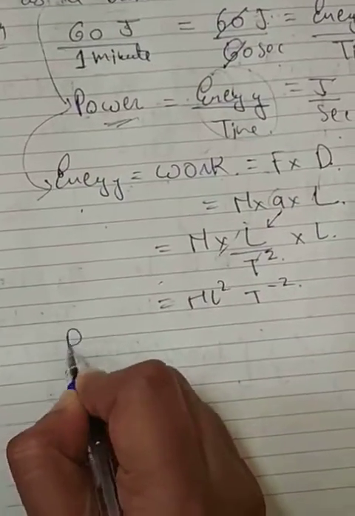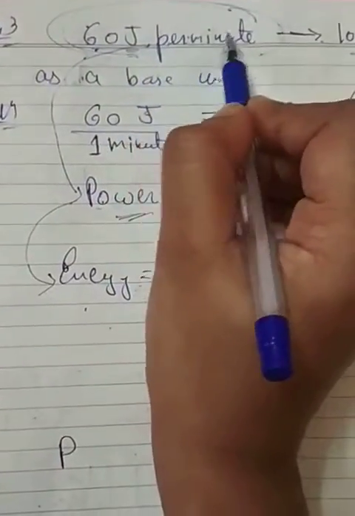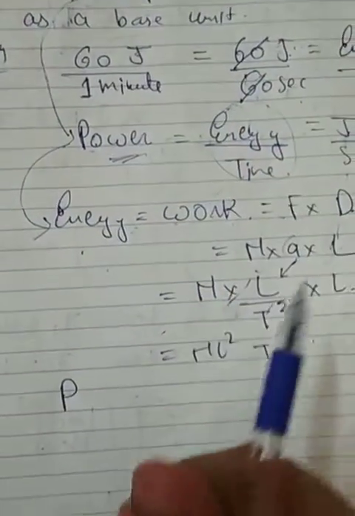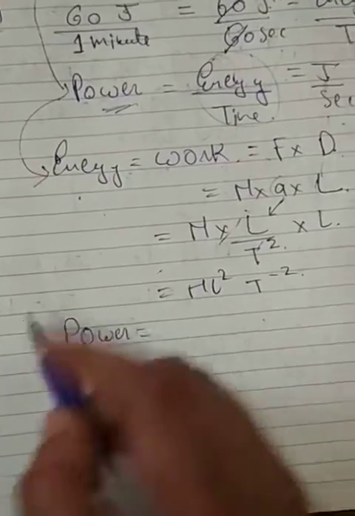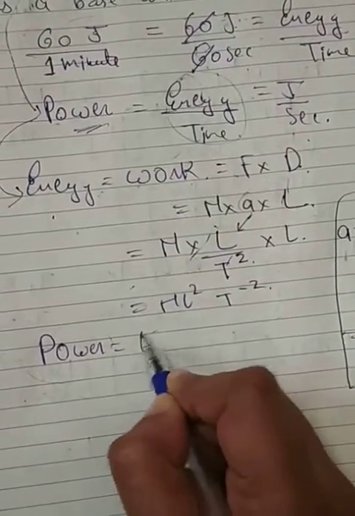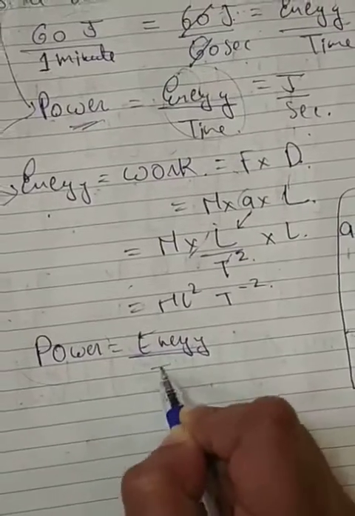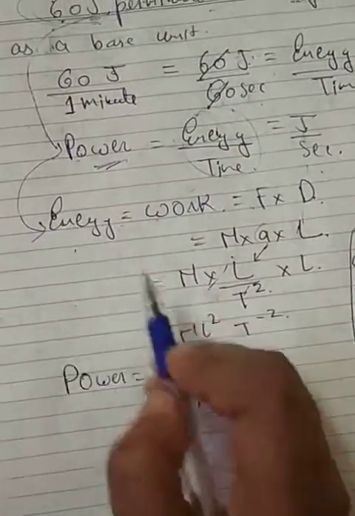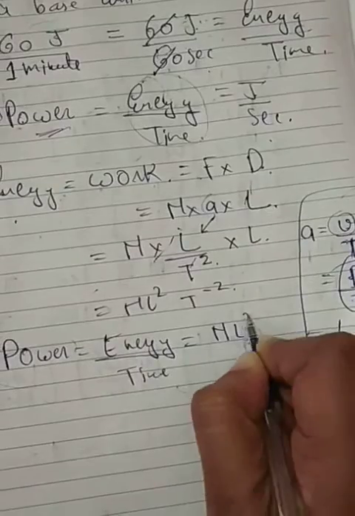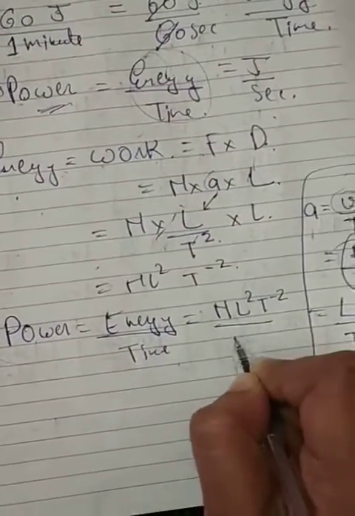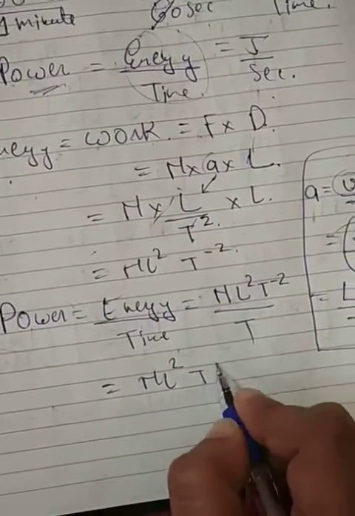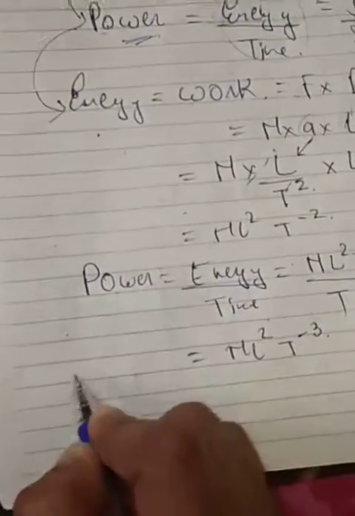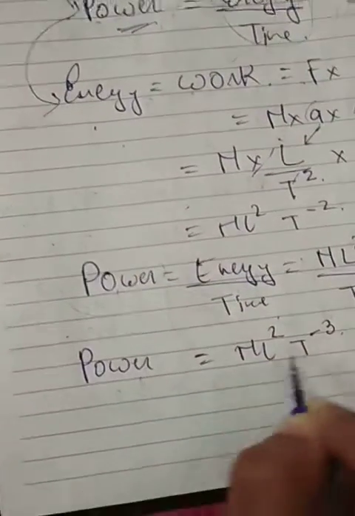In the question they asked about 60 joule per minute, so we have to find power in terms of dimensional formula. Power is energy upon time. Energy in dimensional formula is ML²T⁻². And time is T, so when T goes up it becomes T to the power minus 3. So power now is ML²T⁻³.